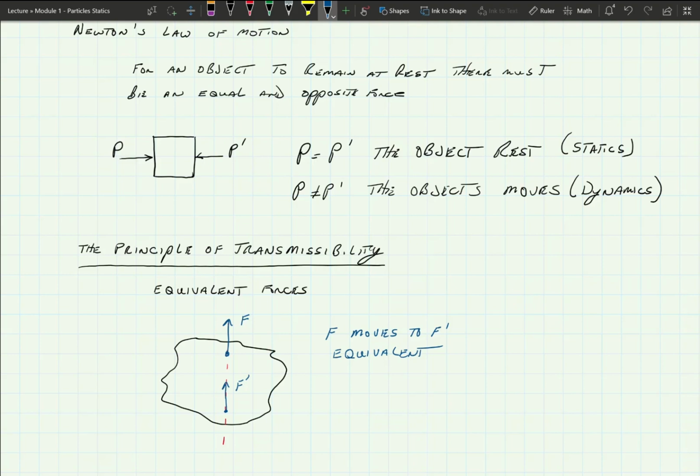Just know, as long as we move F down the line of action, we can go to F prime in that position. So basically we're just moving position. And as long as I'm doing this, let's call this the line of action. That'd be another thing that'll help you. I'm not sure the books ever explain that, but it is one of those things that makes sense.